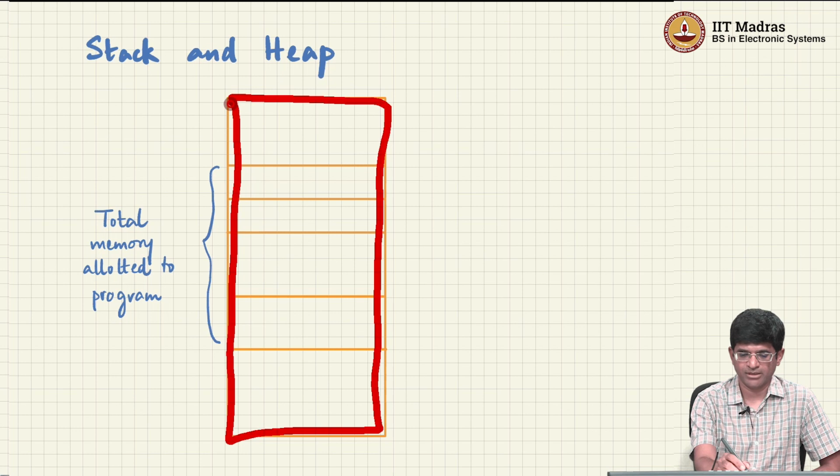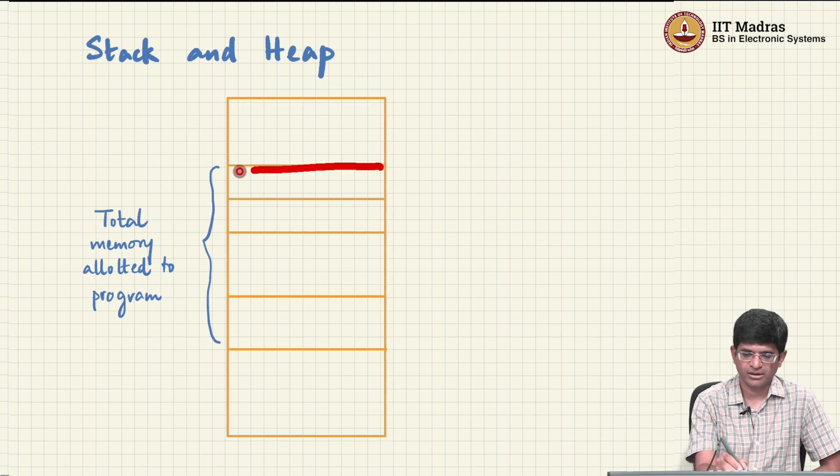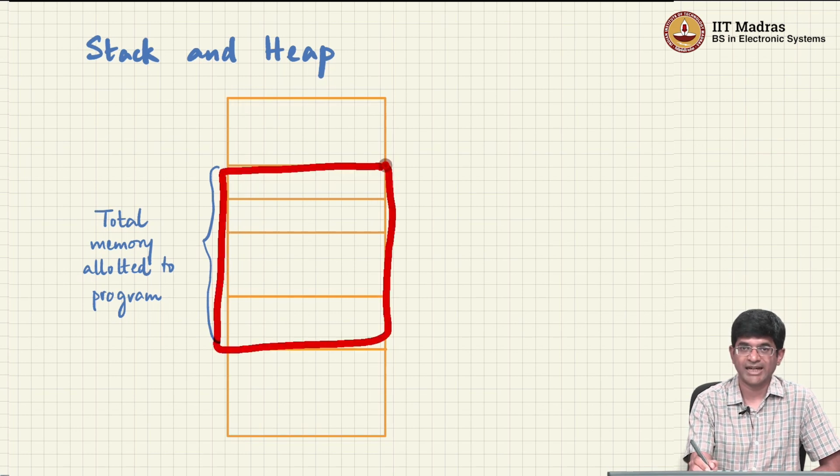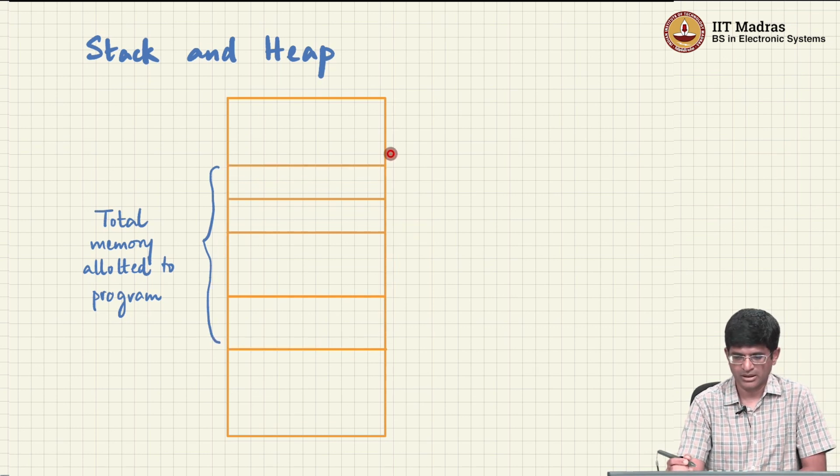Now when I run a program, some part of that gets allocated to that program, right? It's usually some subset of the memory because other parts of the memory are being used by the operating system, by other programs that are running on the system, and maybe some of them are just left free, right? Some memory locations are just left free. But this smaller box can be thought of as the memory allocated to the program itself, right?